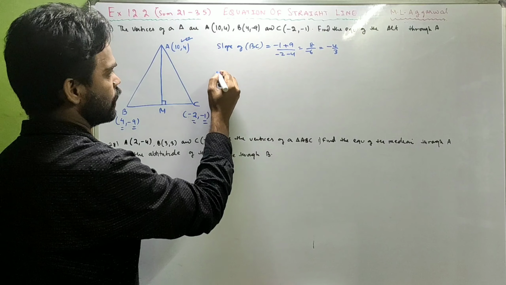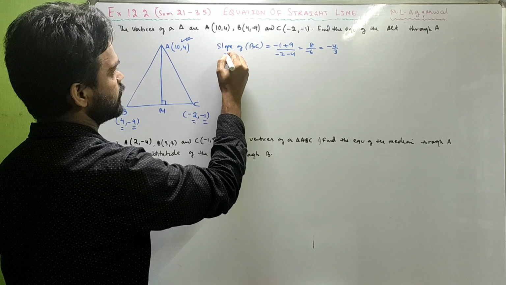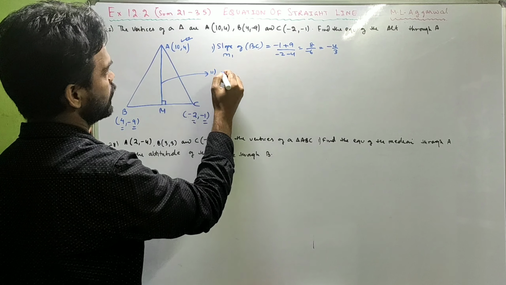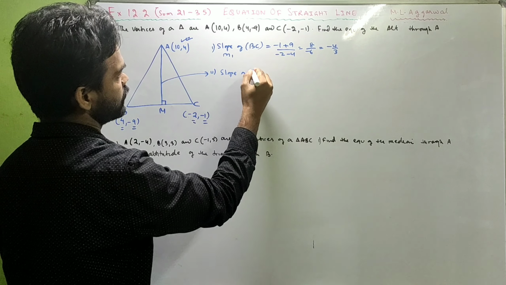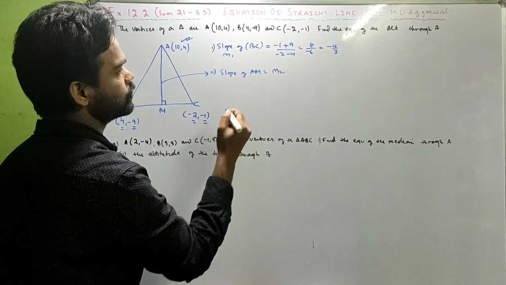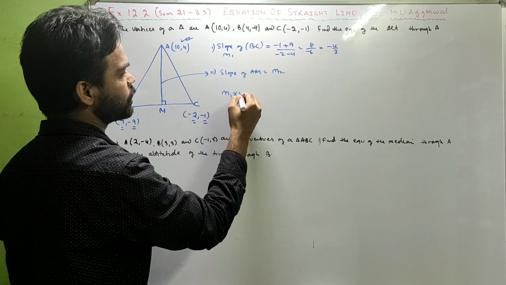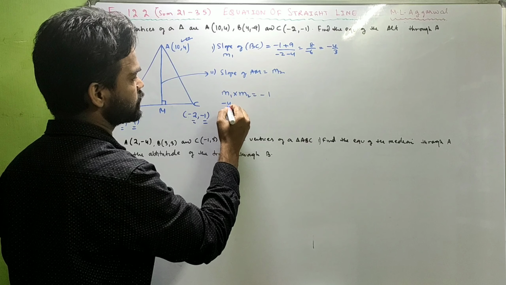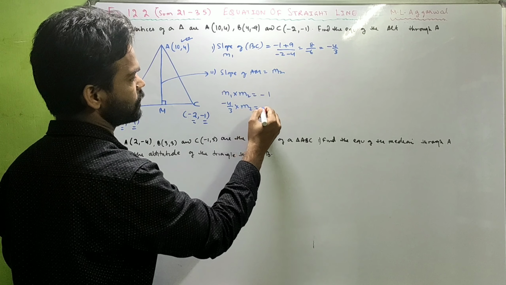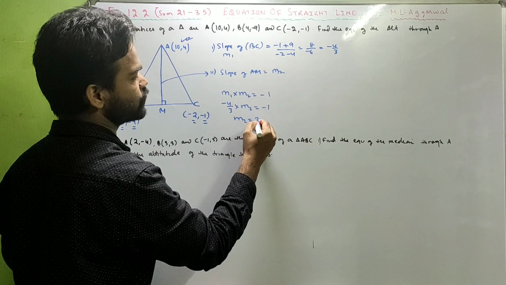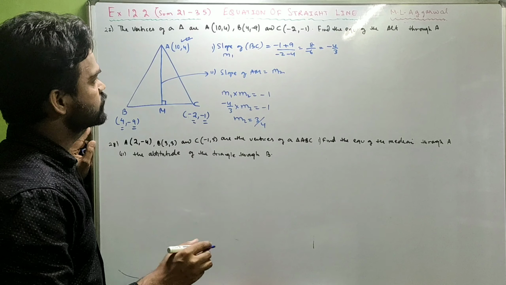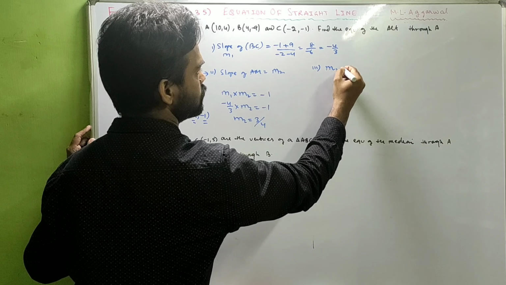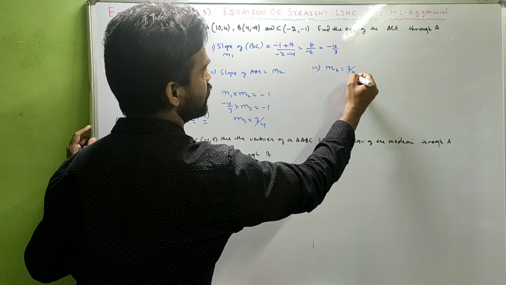Done. Now suppose this was M1 and the slope of AM is M2, then we know M1 multiplied by M2 will be minus 1 because they are perpendicular. So M1 is minus 4 by 3 multiplied by M2 is minus 1, which means M2 is 3 by 4. Which means the slope of AM is 3 by 4, and there is a point also.